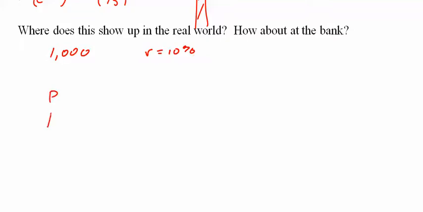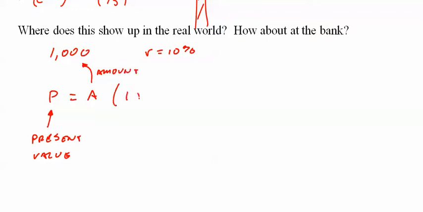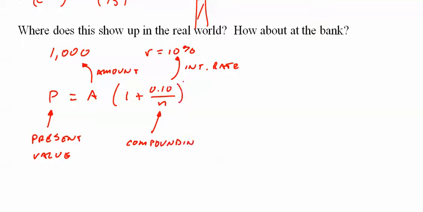So the present value is equal to the amount you put in times 1 plus the interest rate, and then this weird thing called compounding, to the n times the number of years.